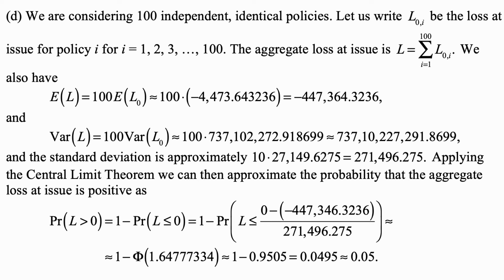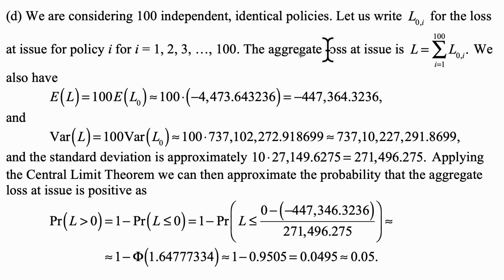In Part D, we are considering 100 independent identical policies. Let us write L0i for the loss at issue for policy i, for i equal to 1, 2, 3 through 100. The aggregate loss at issue is L equal to the sum from i equal to 1 to 100 of L0i.